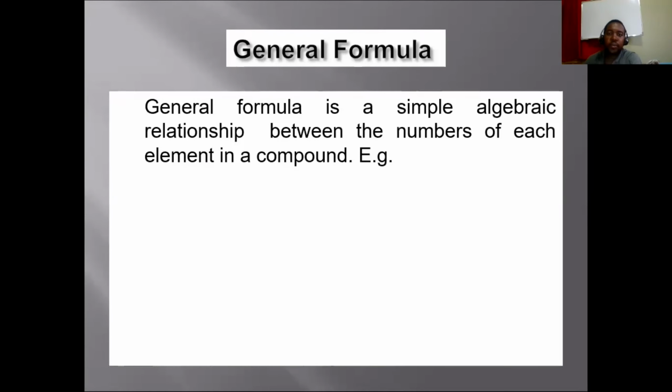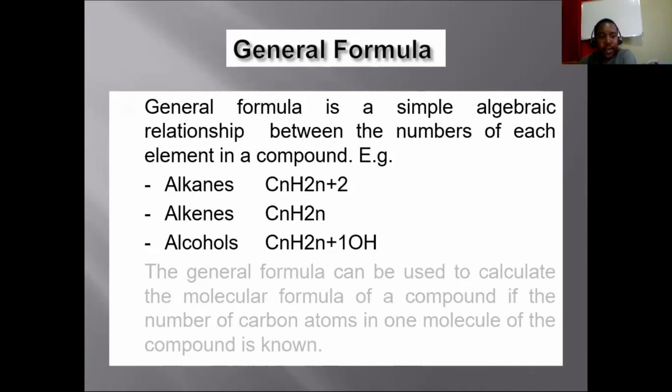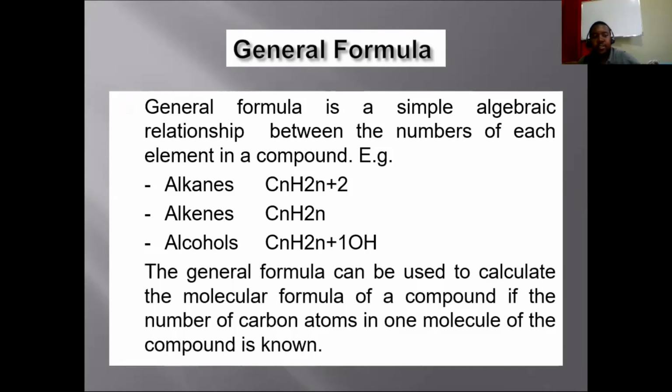All right, so a general formula is a simple algebraic relationship between members of each series of compounds. We know that alkanes have a general formula of CnH2n+2. Alkenes have just CnH2n. Alcohols have CnH2n+1OH. And alkynes, it's not there, so alkynes have a chemical formula of, anyone? What's the general formula of alkynes? No one?